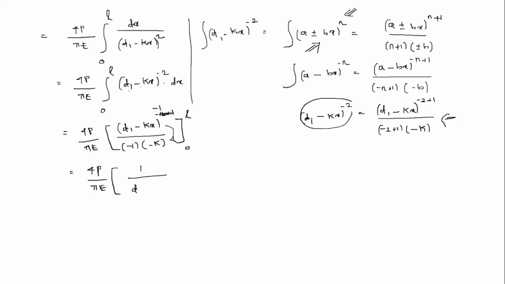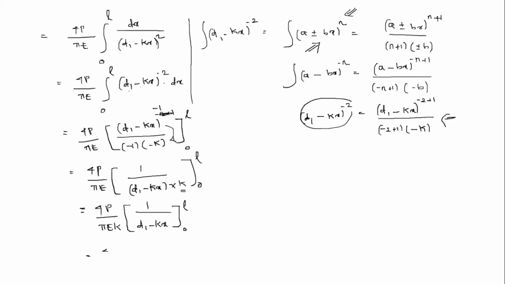Here (d1 minus kx) to the power minus 1 is converted into 1 divided by (d1 minus kx) when it comes from numerator to denominator, into k, from 0 to L. Now 4P divided by pi E into, we take k out, so k into 1 divided by (d1 minus kx), from 0 to L. So we have to apply the upper limit and lower limit in this equation.